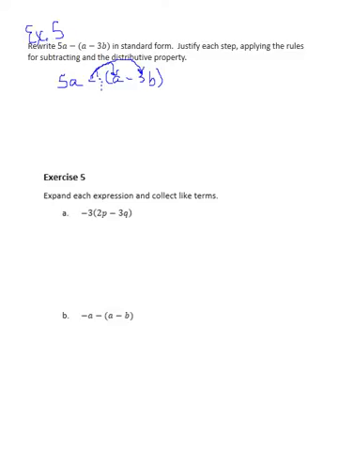A negative, that invisible -1, multiply him by everything that's inside the parentheses. So I'm going to rewrite him over here. 5a minus a plus 3b.